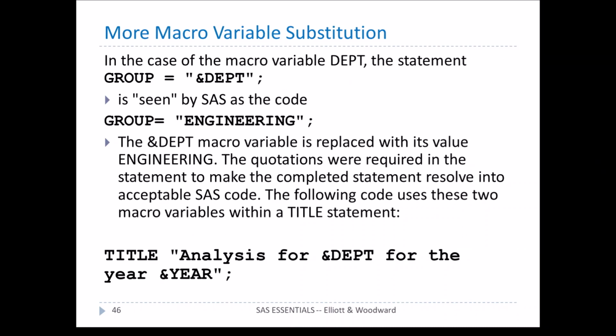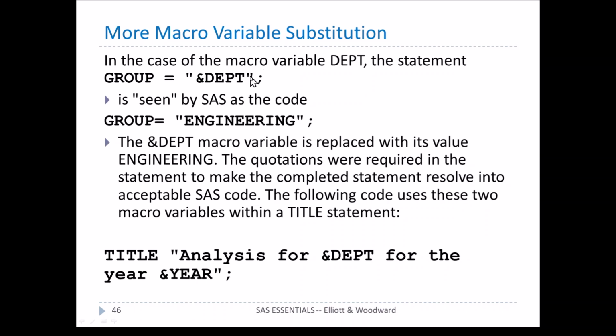Now let's look at a different macro variable substitution. In this case, we're going to look at the DEPT macro variable, and we're going to set group equal &dept, and that's going to be resolved and seen in the SAS code as group equal engineering. Notice that we have quotations around this because that's the way that we would want it to be if we wrote it by hand.